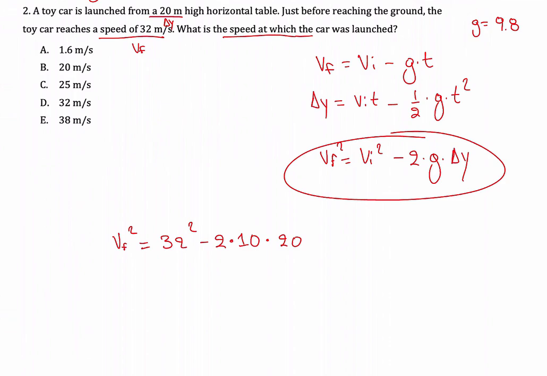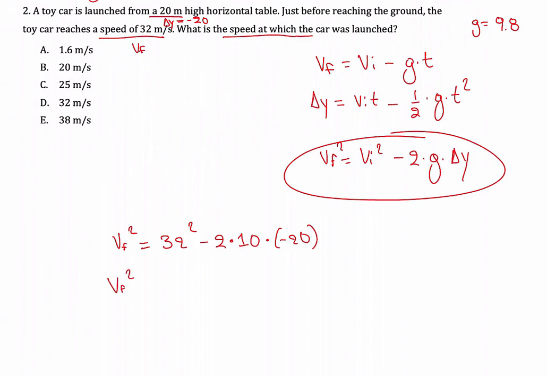But we have to be careful here, because the toy car is launched from 20 meters above the ground and it reaches the ground. So actually delta y is negative 20. The car is falling down and it has a negative displacement.